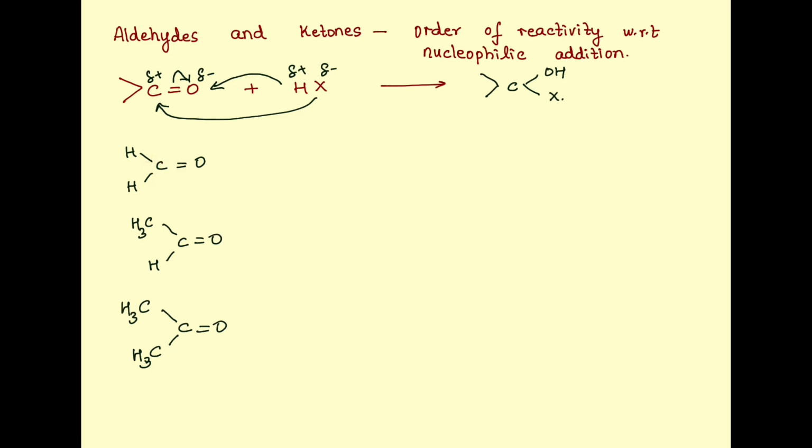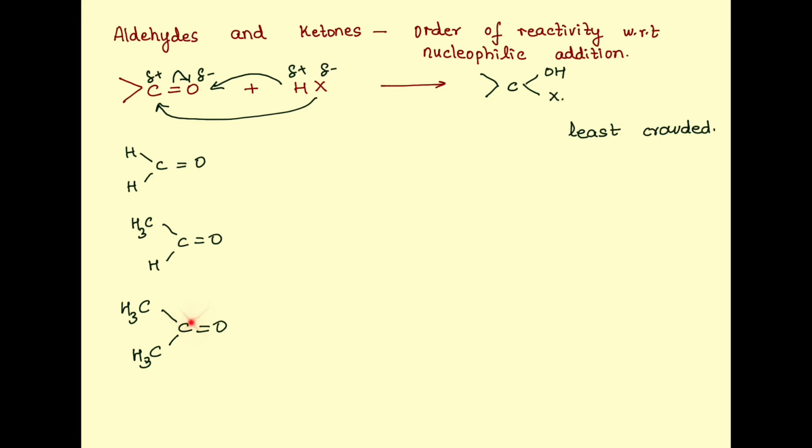So which of the 3 carbons here would be most easily approachable? Which is least crowded? Look at the structures or look at the attachments to each one of them. Now this has got only 2 small hydrogen atoms. This has got a little bulkier now. You see, it's become a little heavier because there's an alkyl group attached to the carbon. Oh my God, look at this. This has got even heavier than that, right? So which of the 3 carbons is most easily approachable?